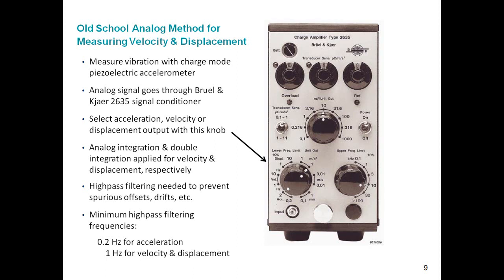One of several reasons that is required is because when we're measuring acceleration, for example, and trying to integrate to velocity, we do not know what the initial velocity is. We just don't know that. So there are some precautions and things we need to do. Just to close out this slide here, the minimum high-pass filtering frequencies are 0.2 Hertz for acceleration and 1 Hertz for both velocity and displacement.